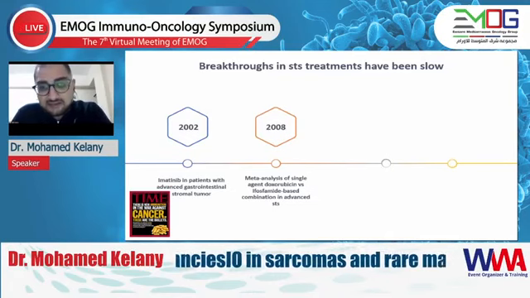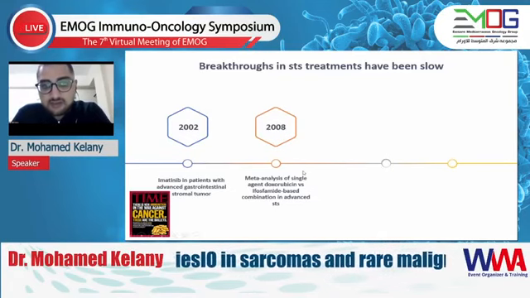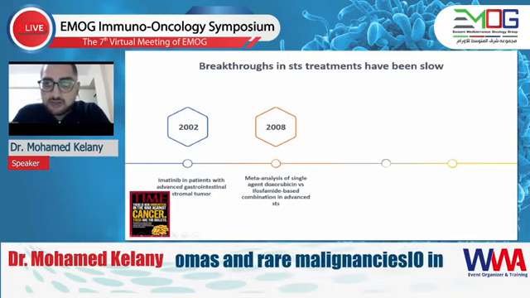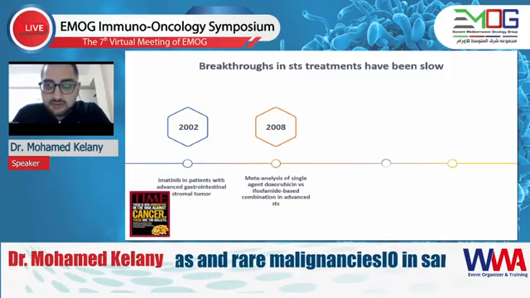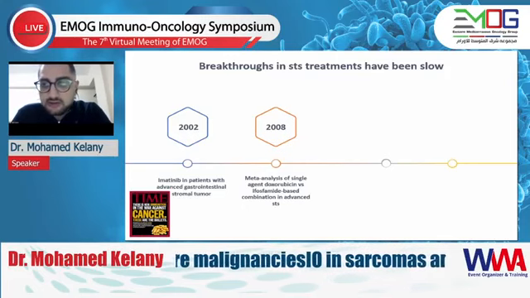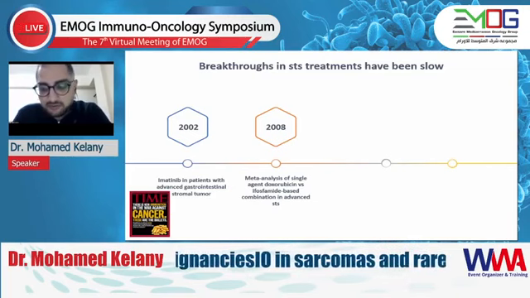In 2008, a meta-analysis showed that single-agent doxorubicin versus any combination with ifosfamide was equal in survival, but different in response rate. So we approve single-agent doxorubicin in advanced soft tissue sarcoma, unless our aim is a symptomatic patient, where we want a rapid response rate.